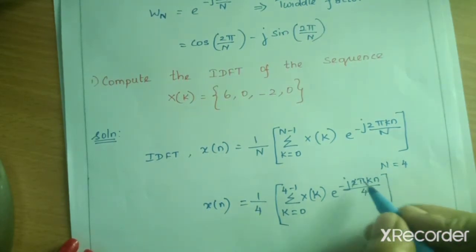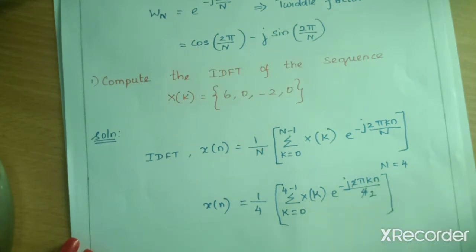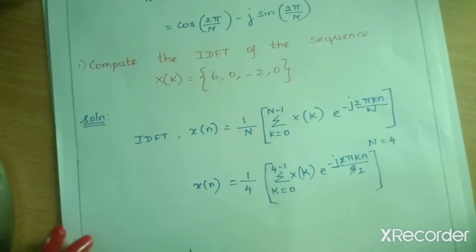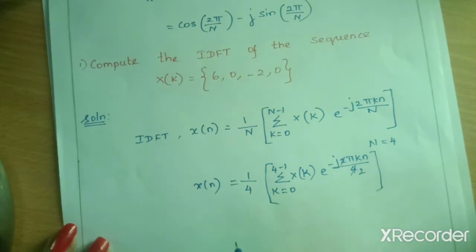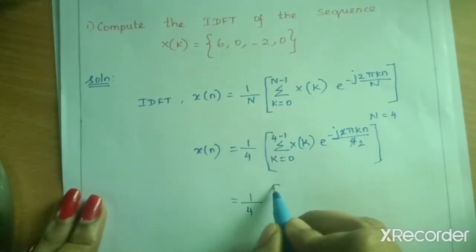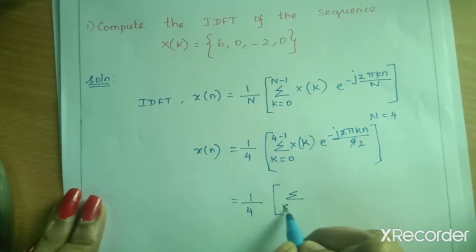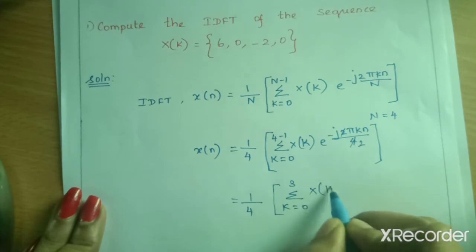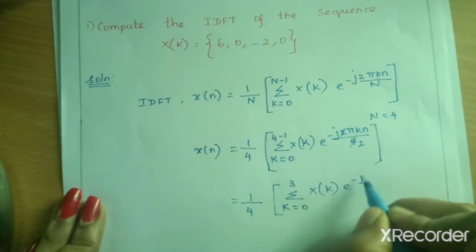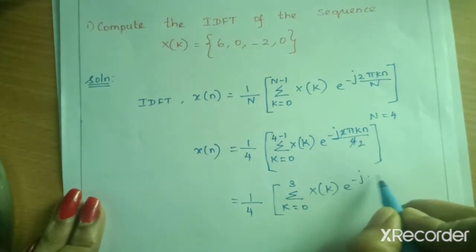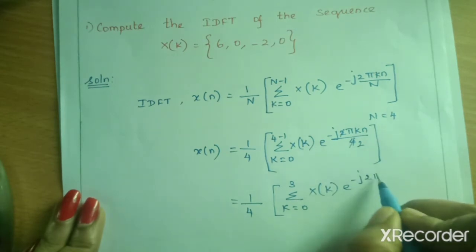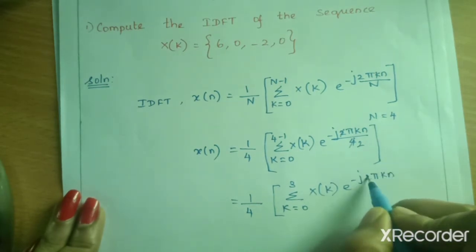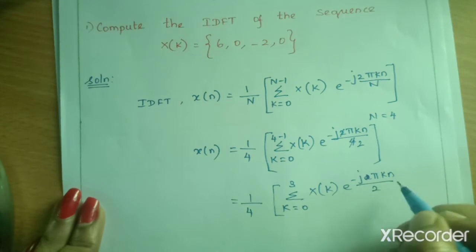So next the term will be 1 by 4 summation of k is equal to 0 to 3, capital X of k e power minus j 2 pi k n by 4, which is pi k n by 2.